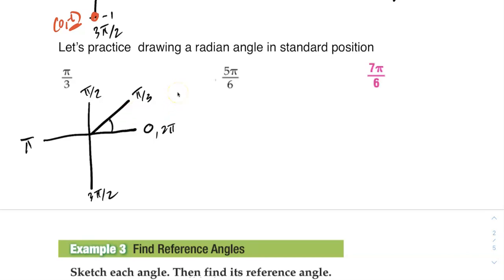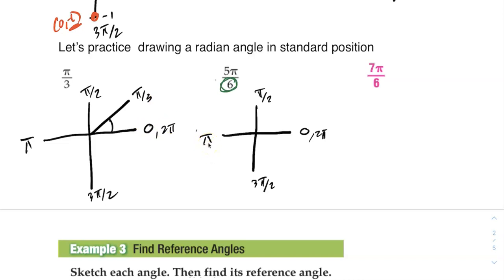How about this one? 5 pi over 6. So here's 0, here's pi, pi over 2, 3 pi over 2. My trick for drawing anything that's not a 1 on top is common denominator. So this guy is over 6. Here's the pi. It's a 1 pi. You can make that anything you want.